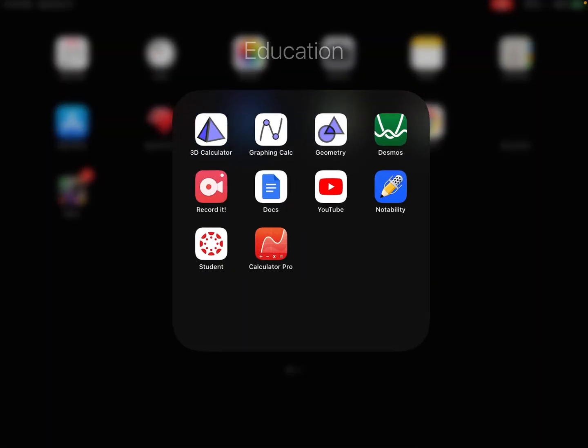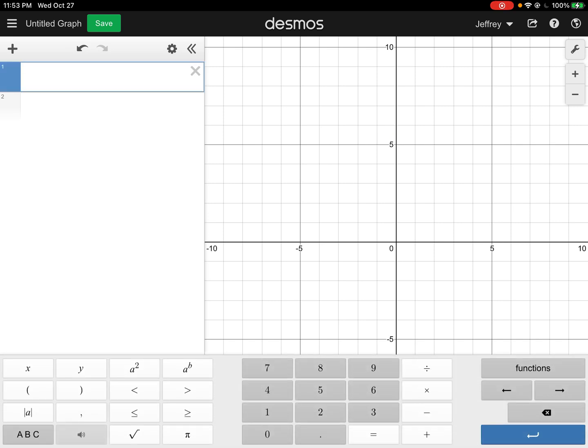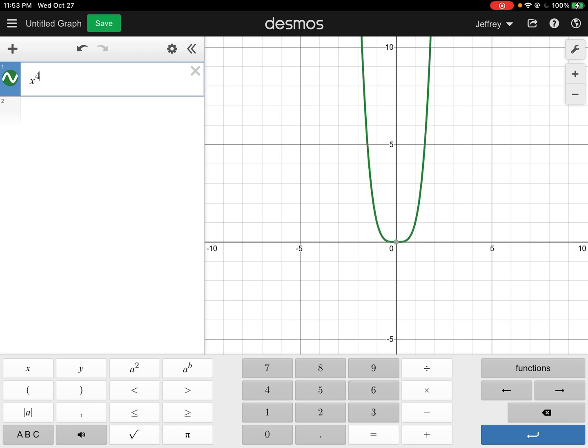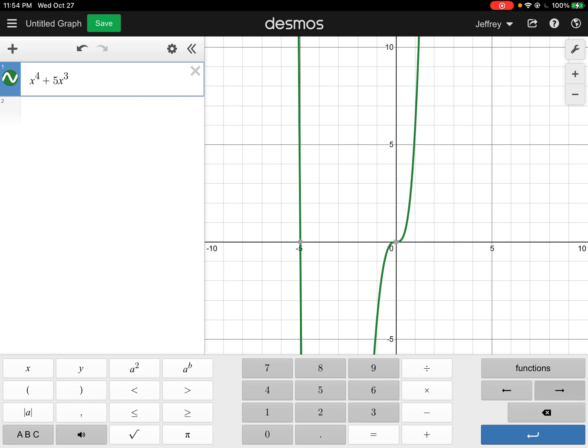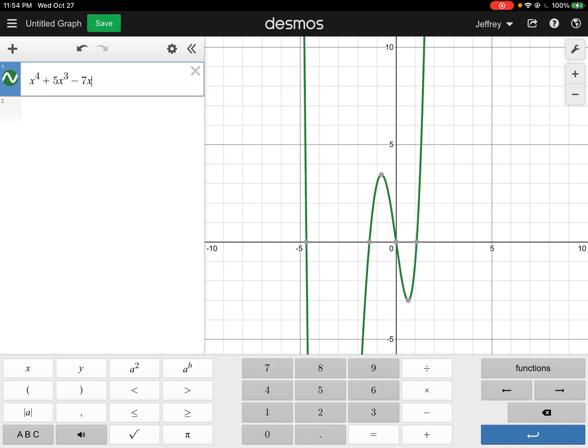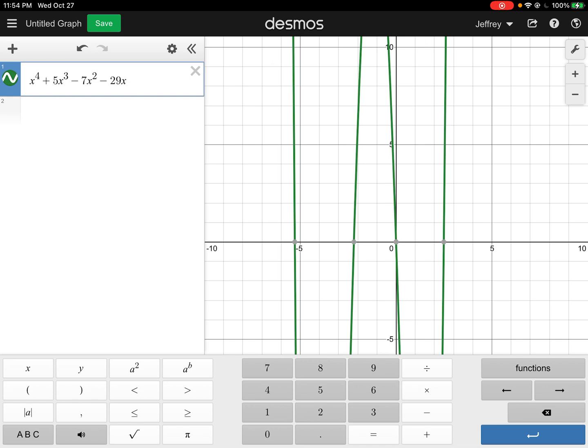So I would just suggest using something like Desmos in your homework or a graphing calculator and finding them graphically. So I'm going to graph x to the fourth power plus 5x to the third power minus 7x squared minus 29x plus 30.